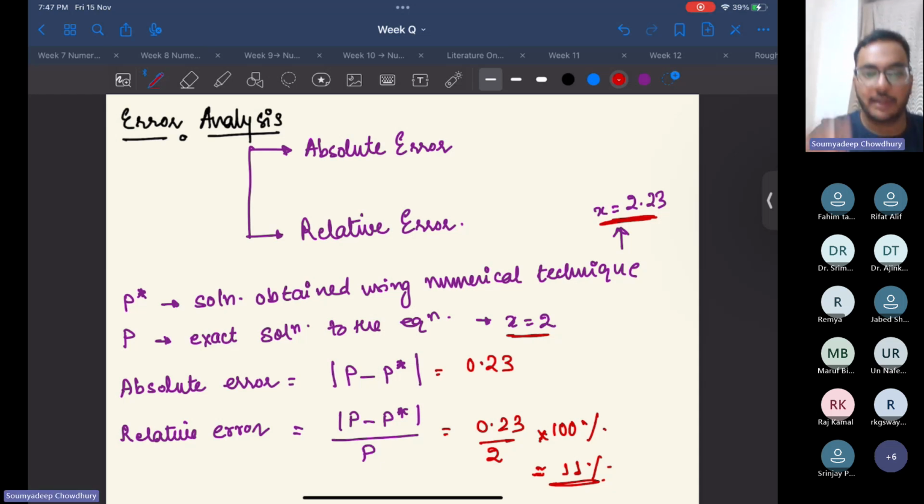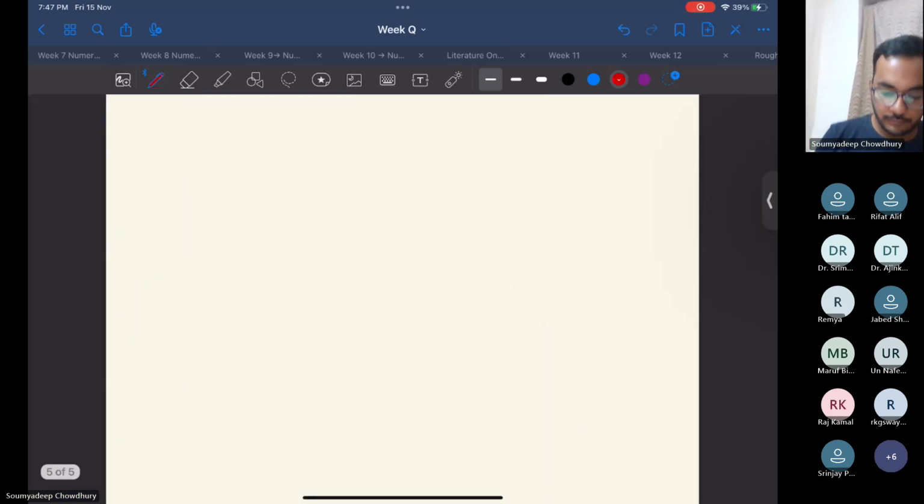So the relative error compares the value of the error with the actual solution. That gives you a better picture of the quantification of the error, because here you can understand your relative error is 11%. I'll give you another example. Suppose there is a numerical technique x1 and a numerical technique x2.